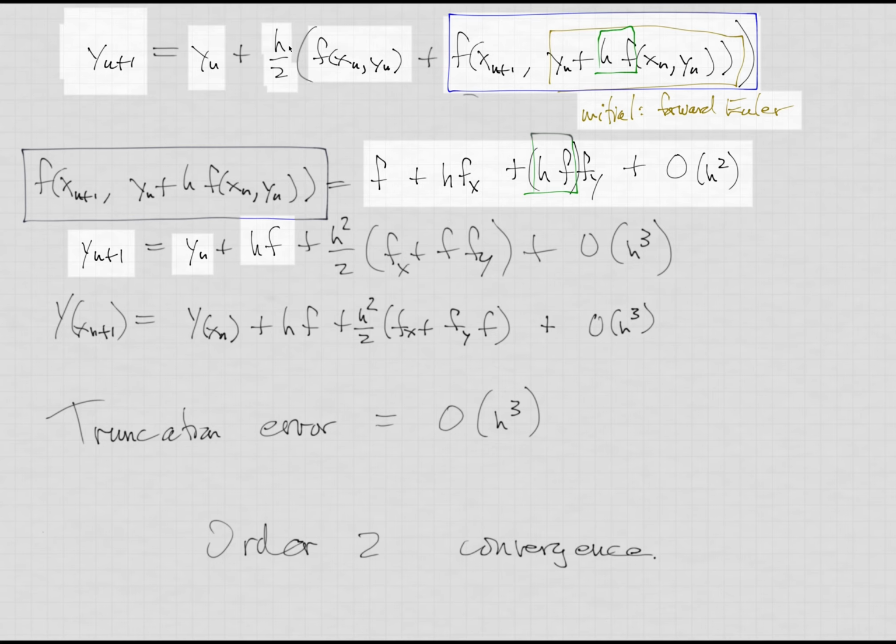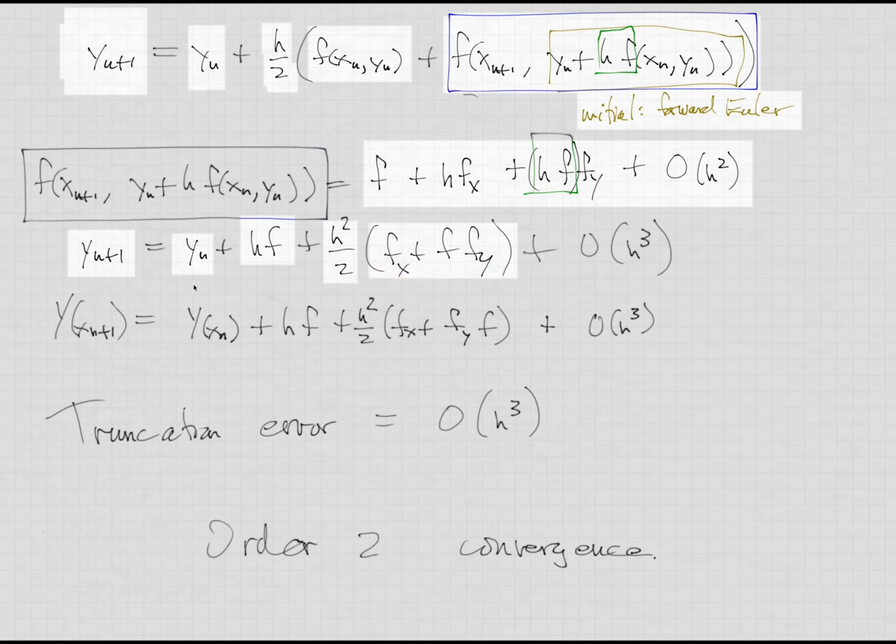And then we've got this h times this h, and this h gives us an h squared over 2. Right? The h over 2 times the h is here, h squared over 2, times the f_x plus f f_y, which, as we saw, is exactly y double prime.